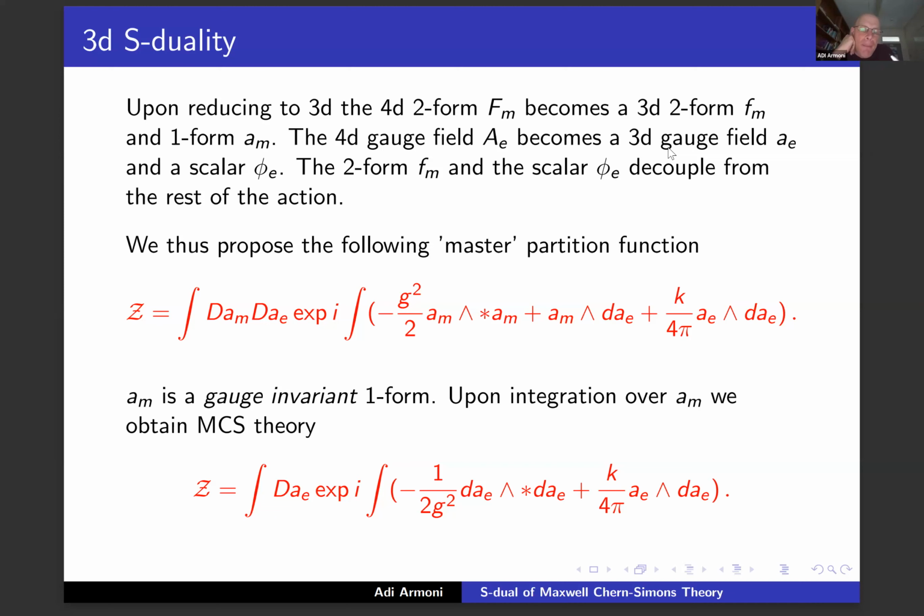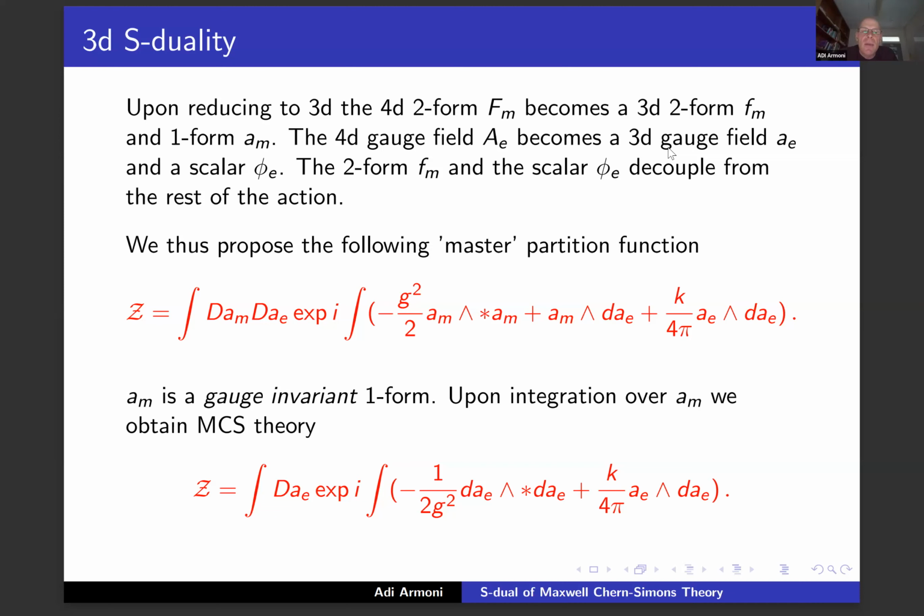So what do we have upon reduction to 3D? We have a 3D two-form Fm and a one-form AM. And in addition, we have a one-form AE and a scalar zero-form phi E. Now, it turns out, I didn't write it, but there are two things that decouple from each other.